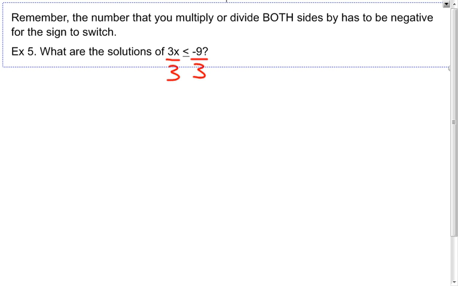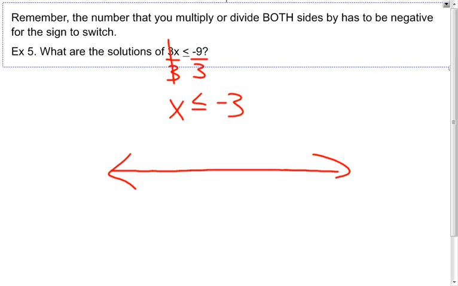The number that I used on both sides was a positive 3, not a negative 3, so my sign would not switch. Just because there's a negative in the problem doesn't mean you have to switch the inequality. It's whatever you do on both sides. And in this case, the thing that I did to both sides was positive, so I leave the sign alone.